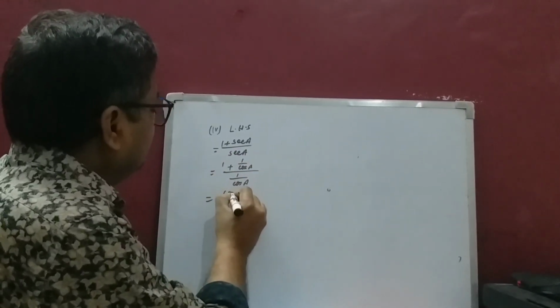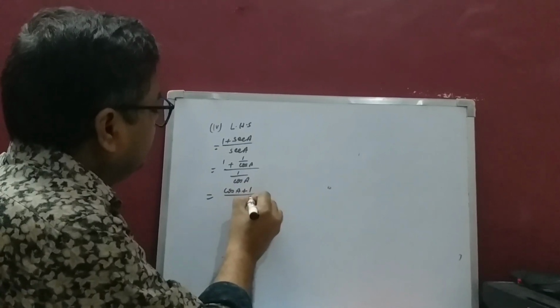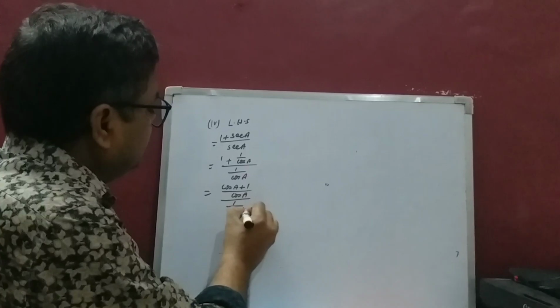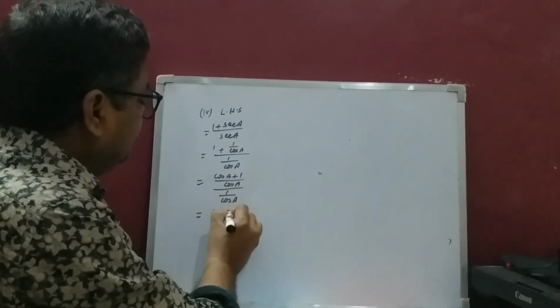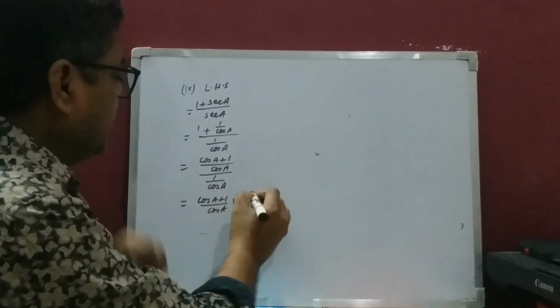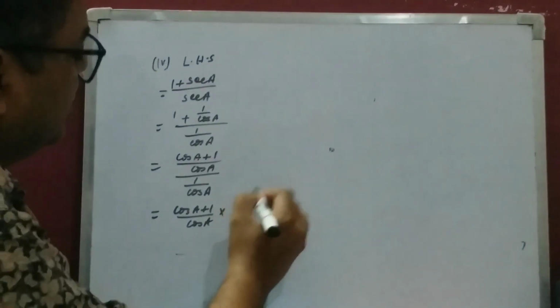This becomes cos A plus 1 by cos A upon 1 by cos A. Now cos A plus 1 upon cos A, and this is cos A by 1.